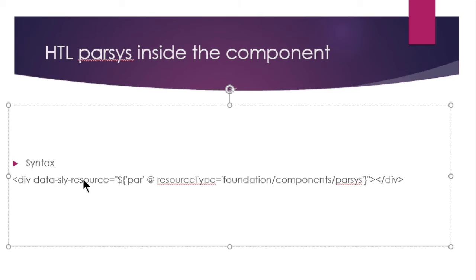It's not just limited to parsys, but for this example, I'm using parsys. And then you follow it by $, open bracket, par. This is a name you give it, kind of a Sightly variable. And then you follow it by the resource type right here.